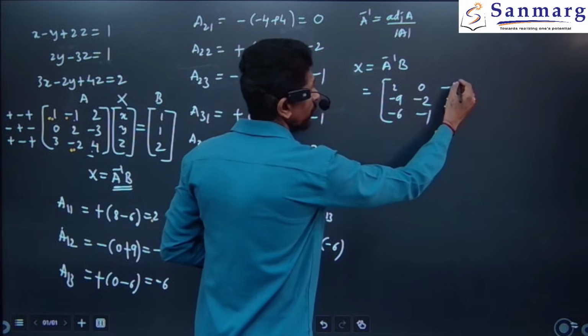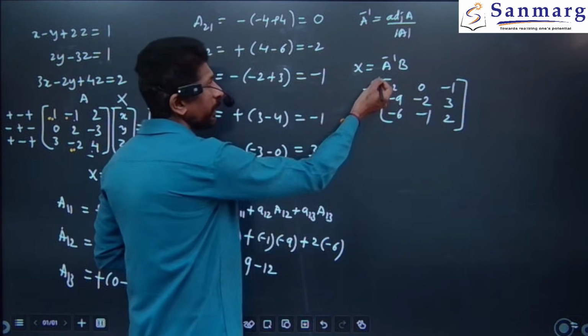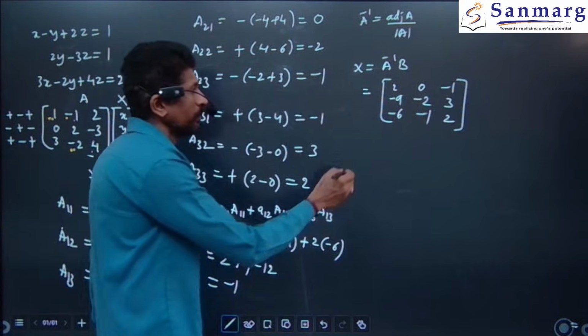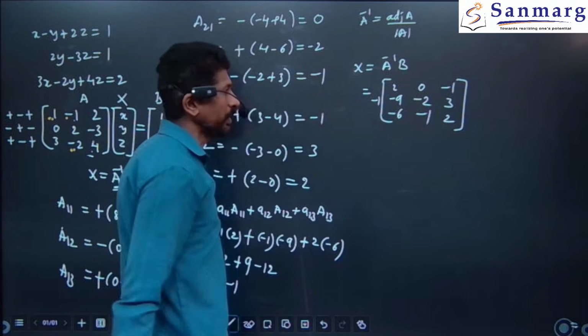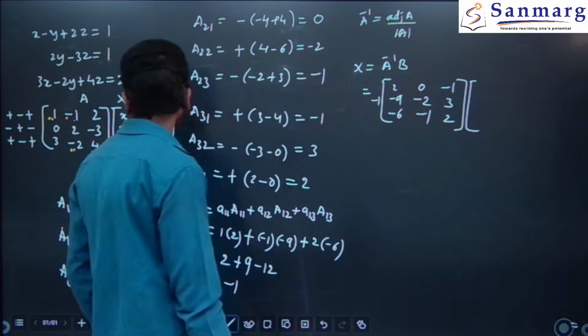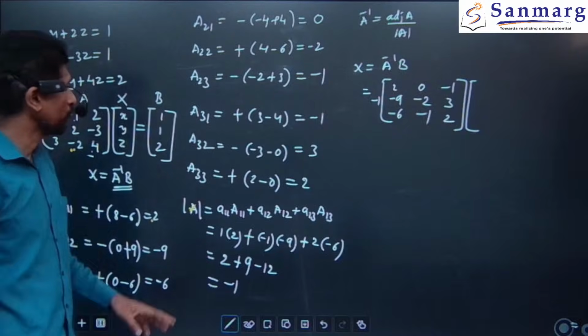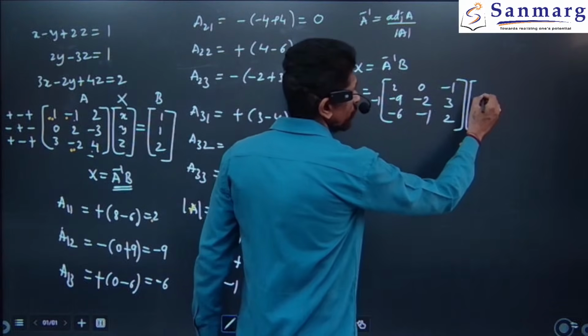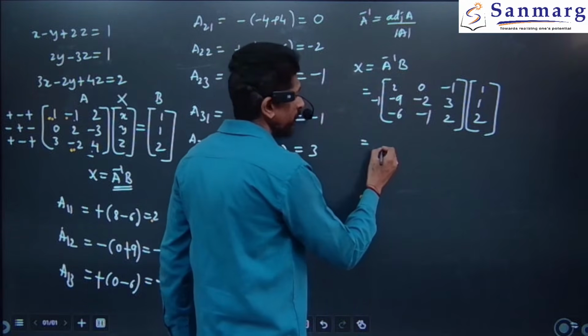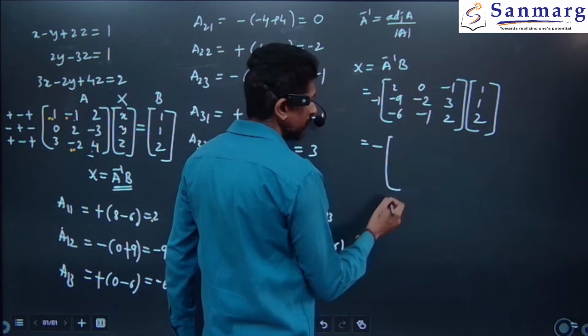And you have to divide by minus 1, because the determinant of A is minus 1 here, which means minus 1 you have to multiply. And again the B matrix is nothing but 1, 1, 2. Minus will be outside as it is.